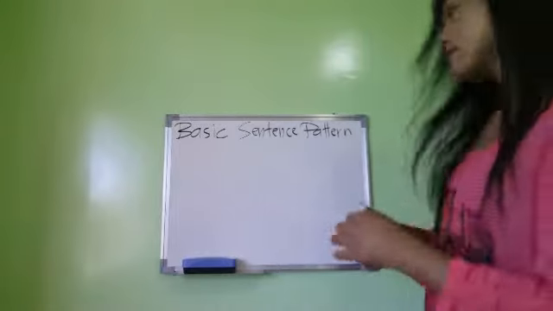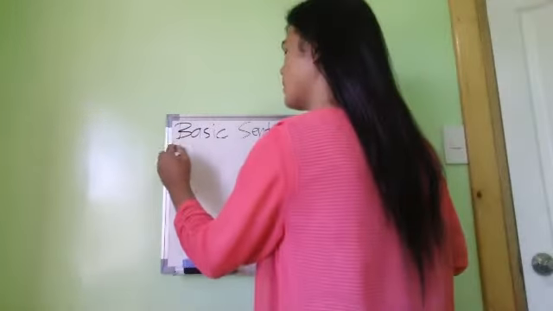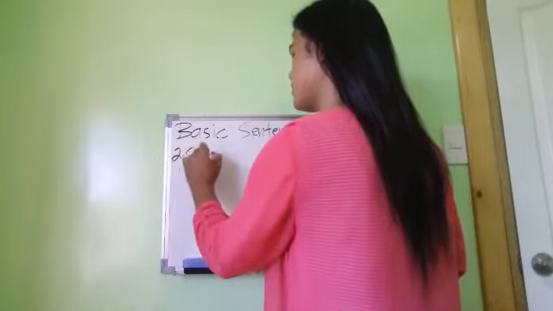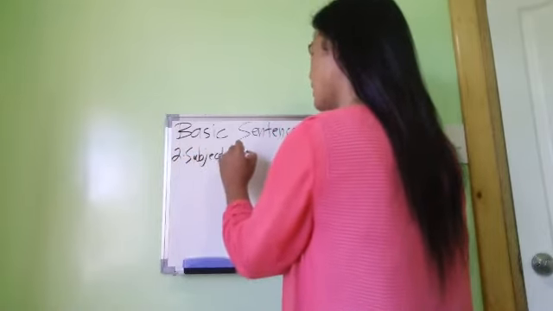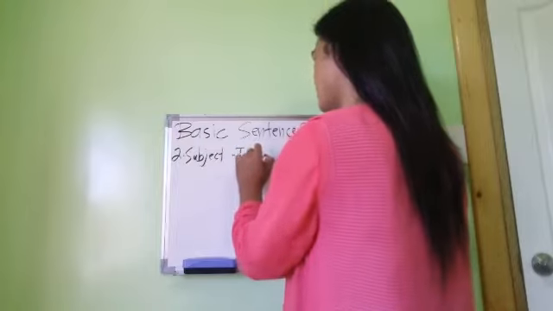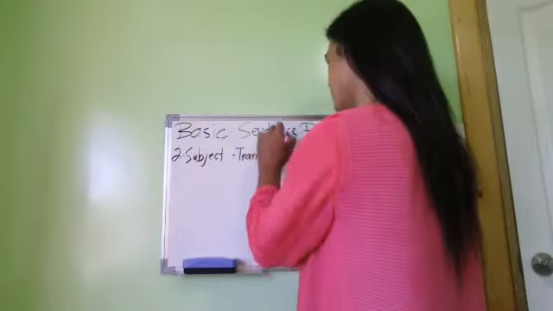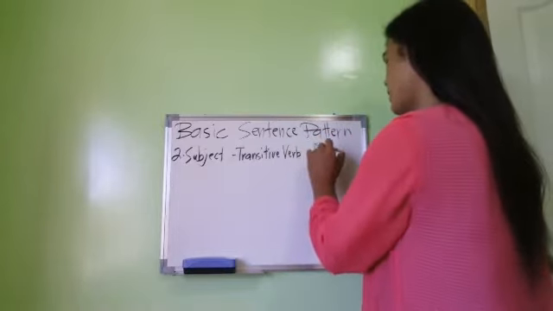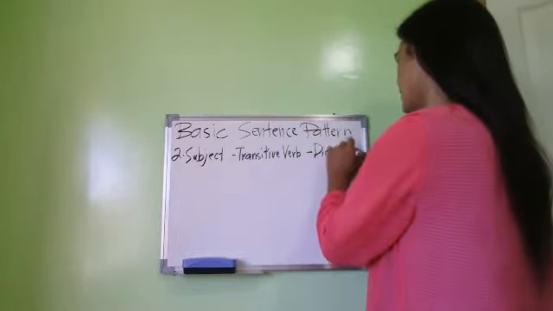Number 2. So number 2 pattern. So we have your subject and then your transitive verb and your direct object.